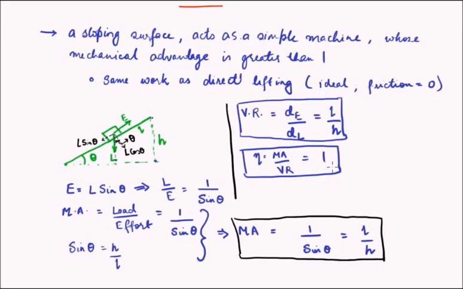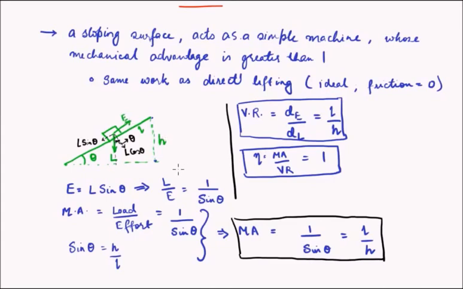Now, what would be the case if there were a friction? It is beyond the syllabus, but I'll just briefly mention it. What will happen is that when there is friction, then you have to apply an additional effort. The force for effort will be more because a little amount of effort will be consumed to overcome the frictional forces.